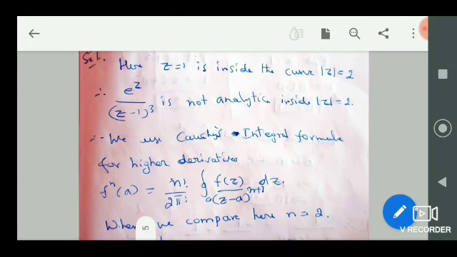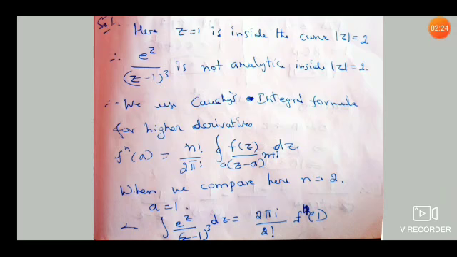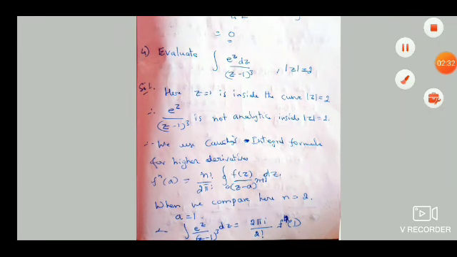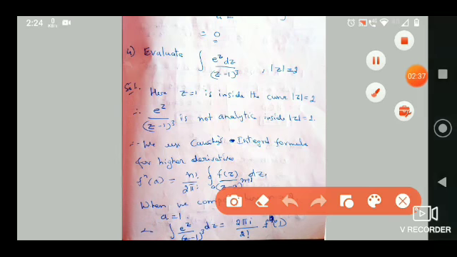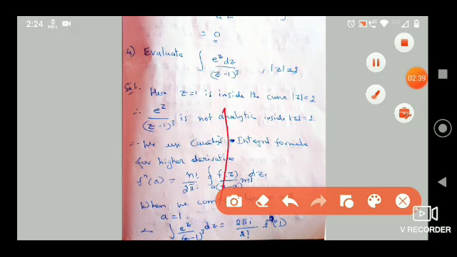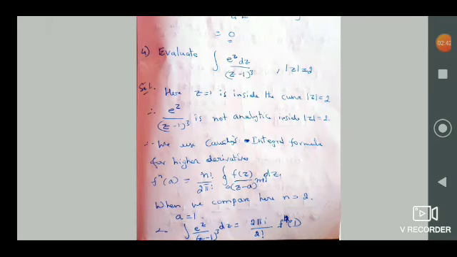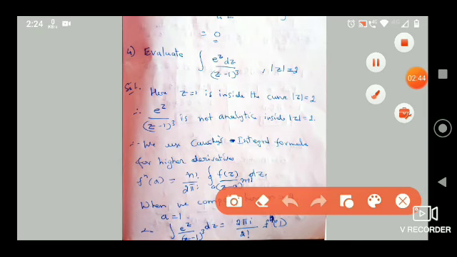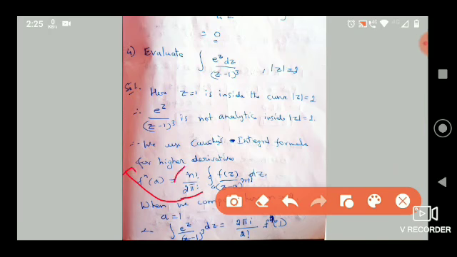When we use this formula, this 2 pi I goes to the other side, and this n factorial, the whole thing goes to the other side and becomes reciprocal. That's what happened here.